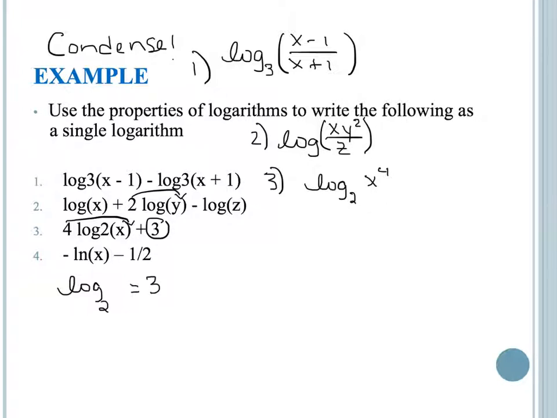I need to figure out what goes into this part of my logarithm. Well, 2 to the 3rd is 8. So I have log base 2 of x to the 4th plus log base 2 of 8, and that means with my plus sign I need to multiply, and I would get a final answer, log base 2 of 8x to the 4th.